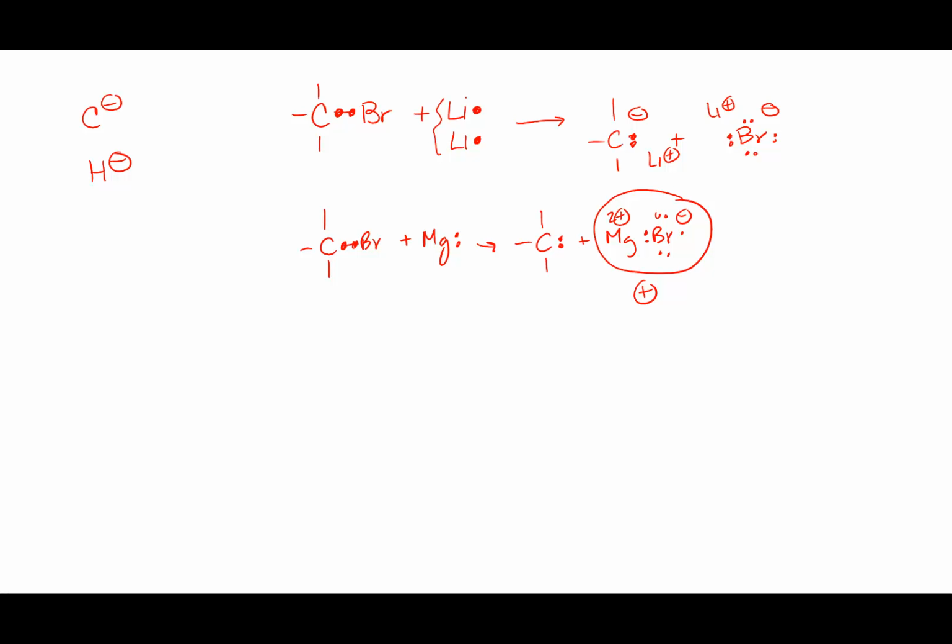So I'm going to make a C minus with a counter ion, MgBr plus or lithium plus. This is how I make them, and this is how Grignard made them. He won the Nobel Prize for it. He will be in every organic book forever. There is nobody who did organolithium chemistry that gets credit for it.